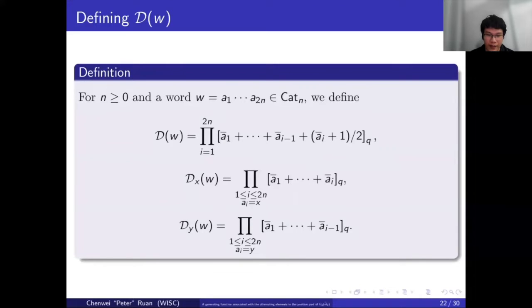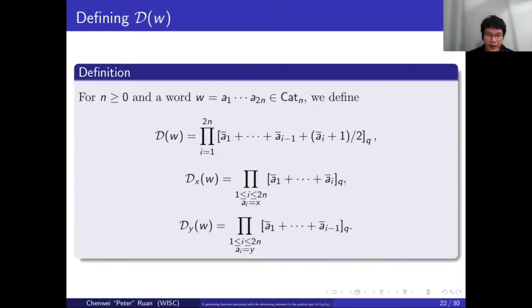And for convenience, we also define \hat{d}_x(w) as follows. Basically, we capture whatever was in the product here, but we only want those i such that a_i is x. Similarly, we define \hat{d}_y(w) to be the product of whatever corresponds to a_i being y.